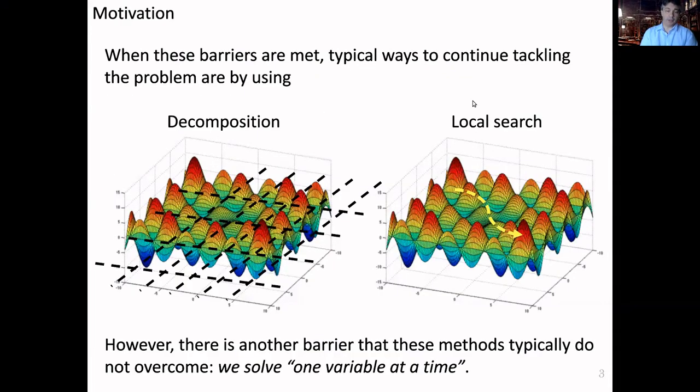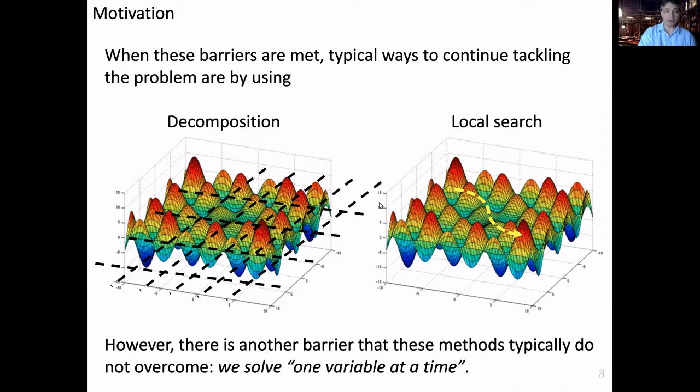And when these barriers are met, the typical ways to tackle the optimization problem are different types of decomposition and local search methods. In many algorithmic frameworks, these methods are iterative, which means that they work until a reasonable solution or some computational limit, for example in time, is achieved.